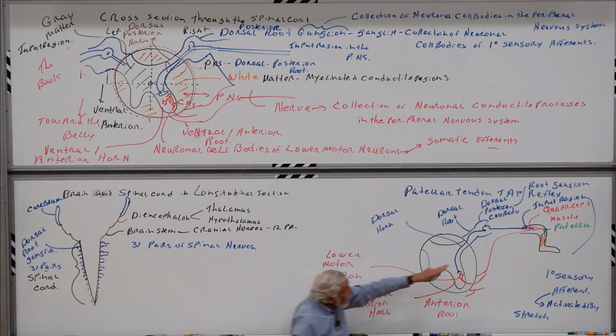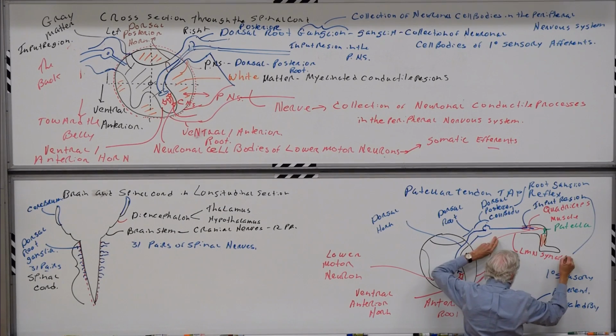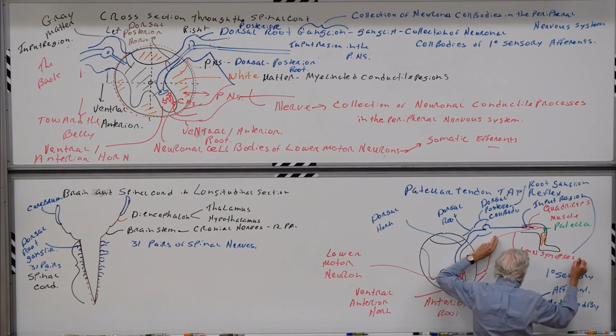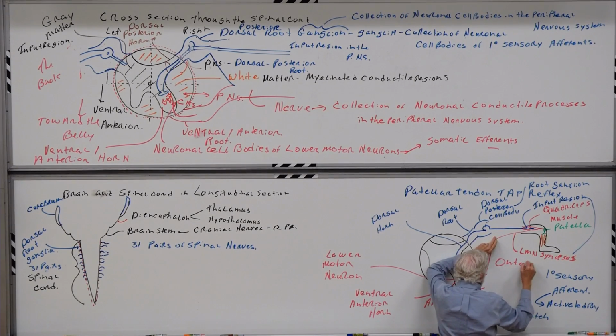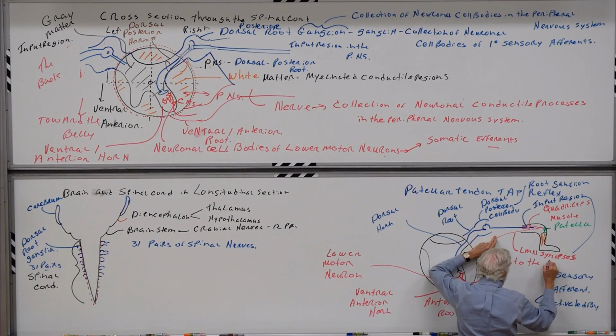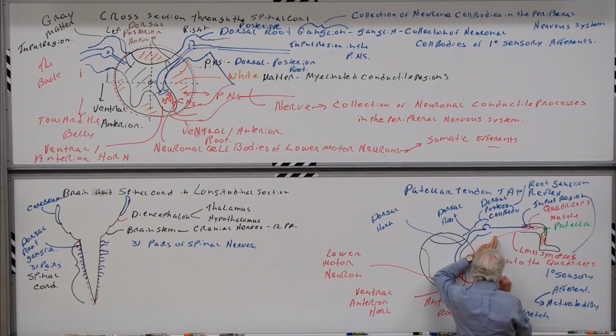And what I'm trying to convey here is this lower motor neuron synapses. The lower motor neuron synapses onto the quadriceps muscle.